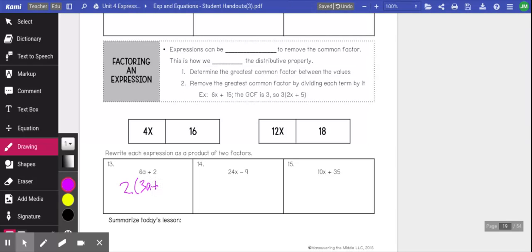And 2 divided by 2 equals 1. So now I have 2 times 3a plus 1. And this is my expression. And again, like I said, more often than not, you are going to work from a distributive property problem into a simplified version. But on occasion, you will be asked to do some factoring of an expression and turn it back into a distributive property by pulling out the factor.